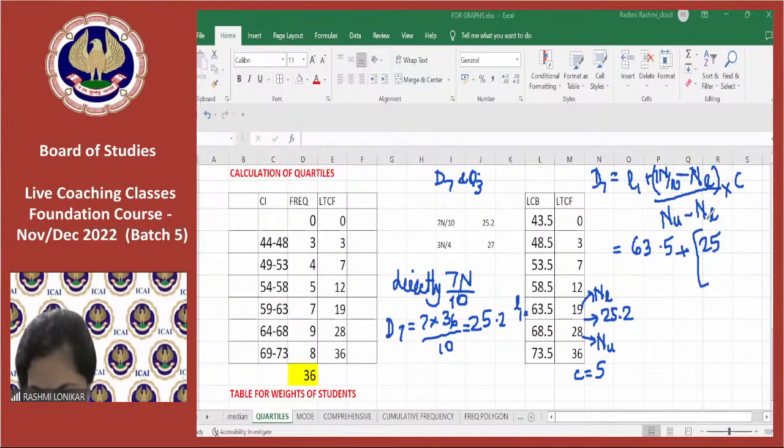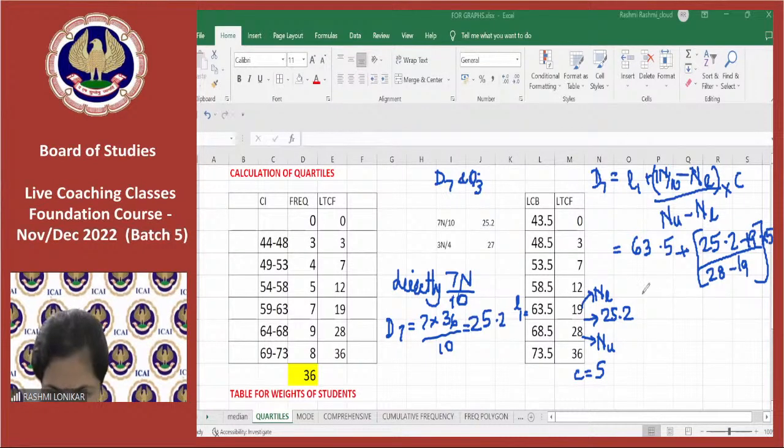NL is 19 upon NU, which is 28 minus 19, into 5. Okay, don't forget the into 5.